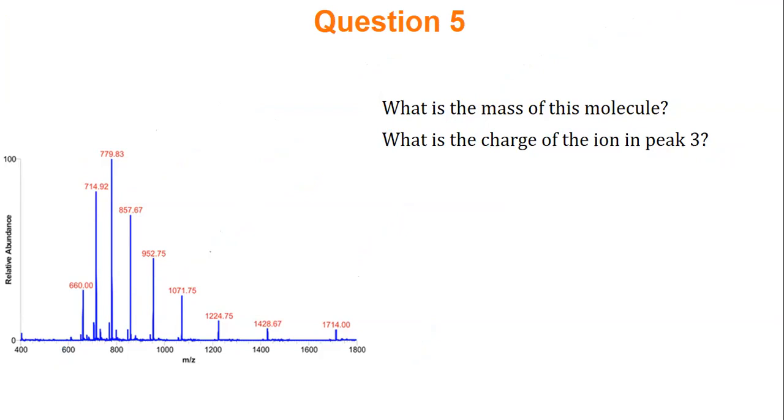The highest peak indicates how often it was seen. So basically, you count how many times that peak hits the machine, because you're sending in thousands of identical proteins to this process, and whatever charge to mass ratio you see the most. So here we got a charge to mass ratio of 779.83 a lot. That's our M to Z ratio.